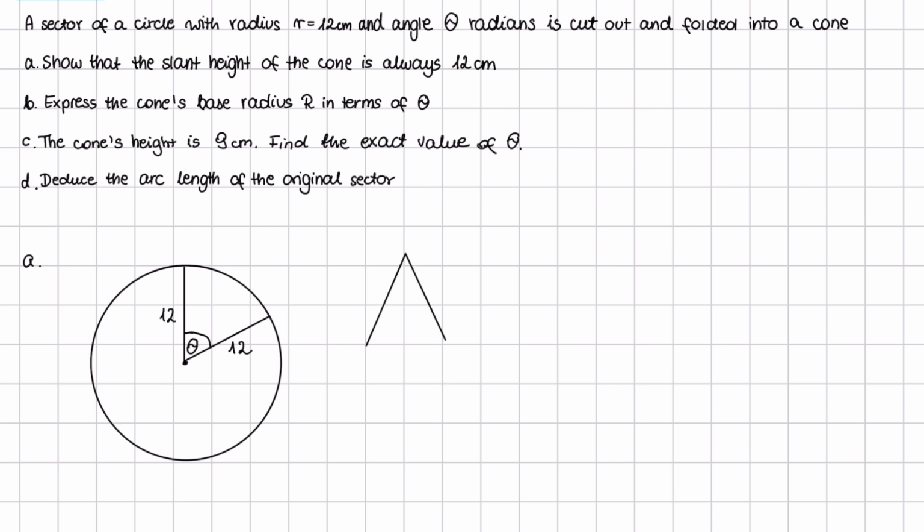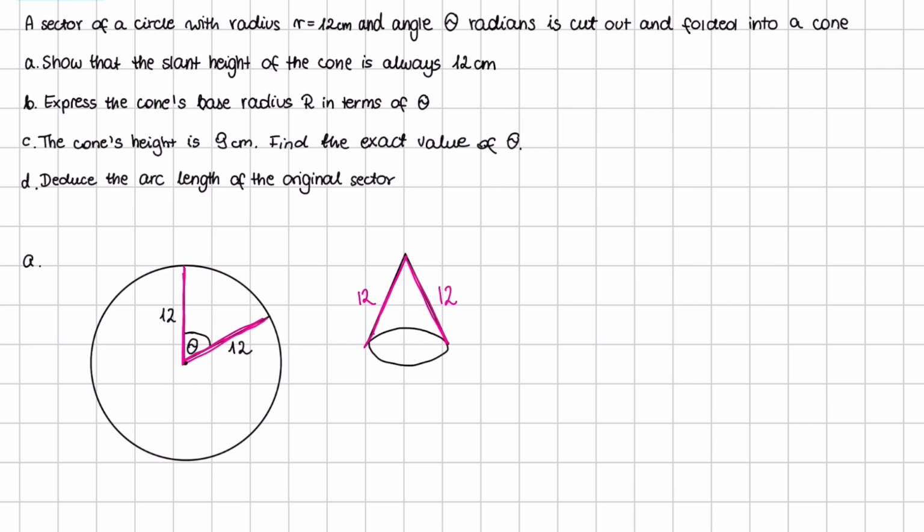So more or less our cone looks like this. So when we fold our sector into cone, these are our, let's say, arms of this triangle. So 12 and 12. So the radius from our circle forms into slant heights.